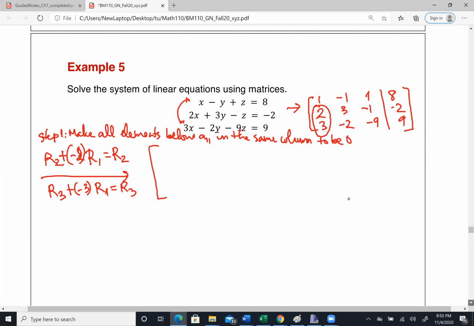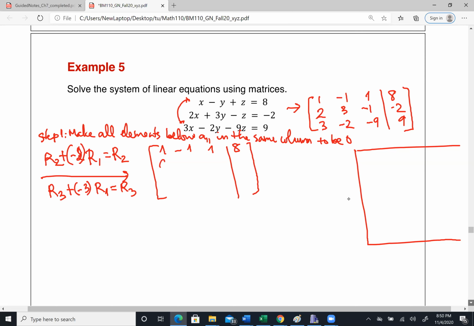Okay, let's see how we can make it. Watch out for this one. I have R2, and the first one is not changing at all: 1, -1, 1, then 8. Now let's do the second one. I'm pretty sure the first term should be equal to 0.